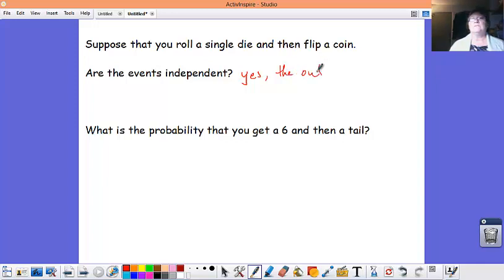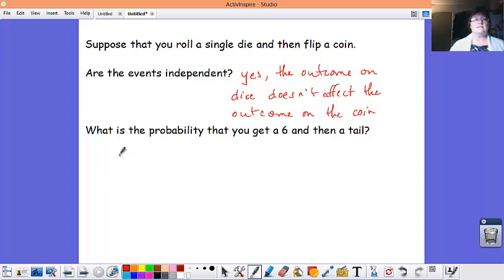The outcome on the dice doesn't affect the outcome on the coin. So they are independent.